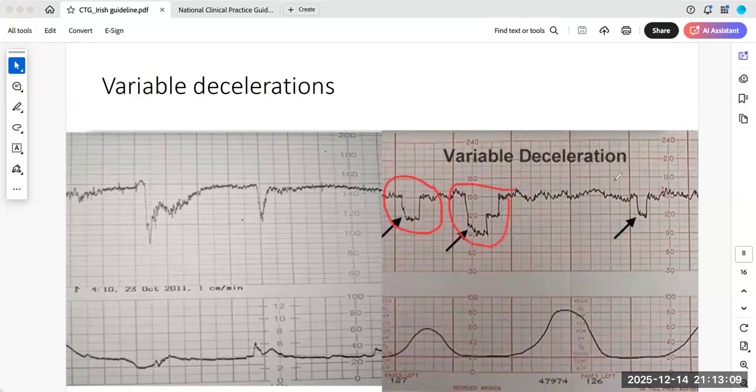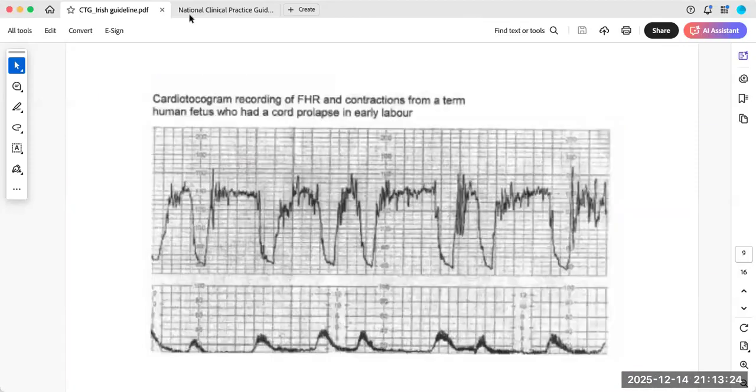The variable deceleration with concerning characteristic, my friends, is considered a risk, right? The variable deceleration is the type of deceleration that's not related to the contractions. As you can see here in this graph, this shows a repetitive variable deceleration, okay? And it also shows concerning characteristics, for example, a very deep deceleration that becomes wider and deeper.